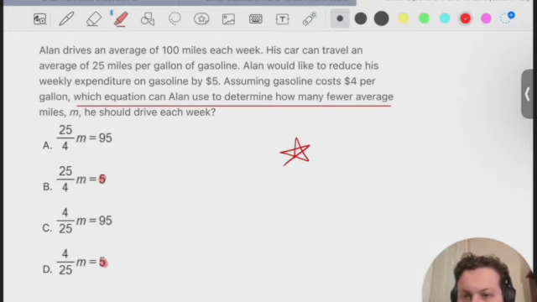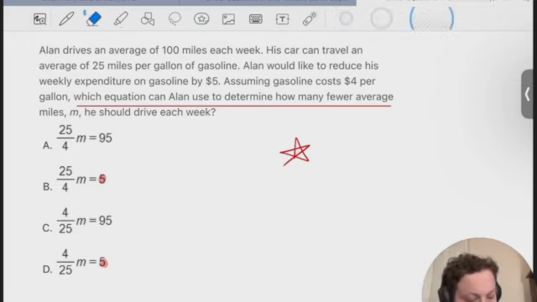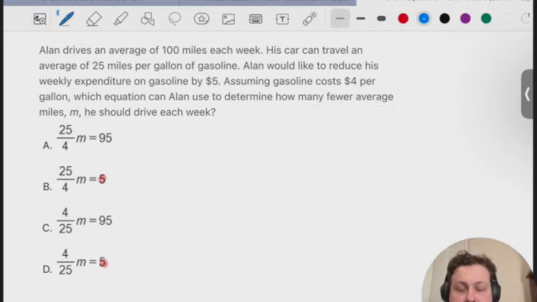And then each mile. Ooh, let's figure out how many dollars is each mile? How many dollars does it take per mile? So we get 25 miles per gallon.